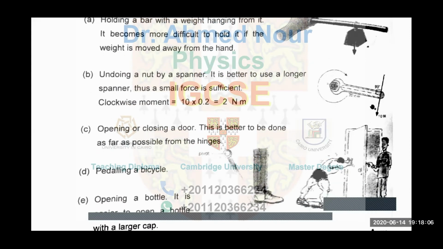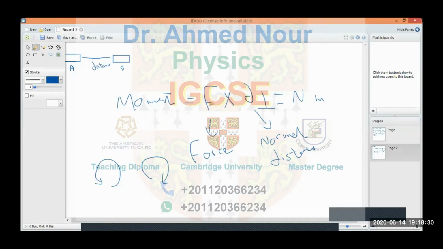In the next example, undoing a nut with a spanner. Here we have a nut, and we want to undo the nut with a spanner. So it's better to have a longer one. Why? Because when the distance increases, you make a smaller force. See here on our board, force and distance are inversely proportional.